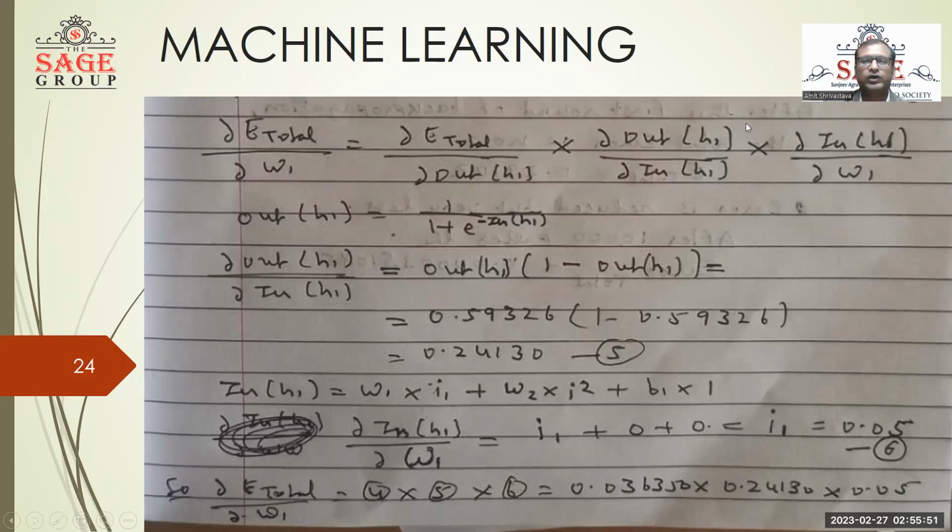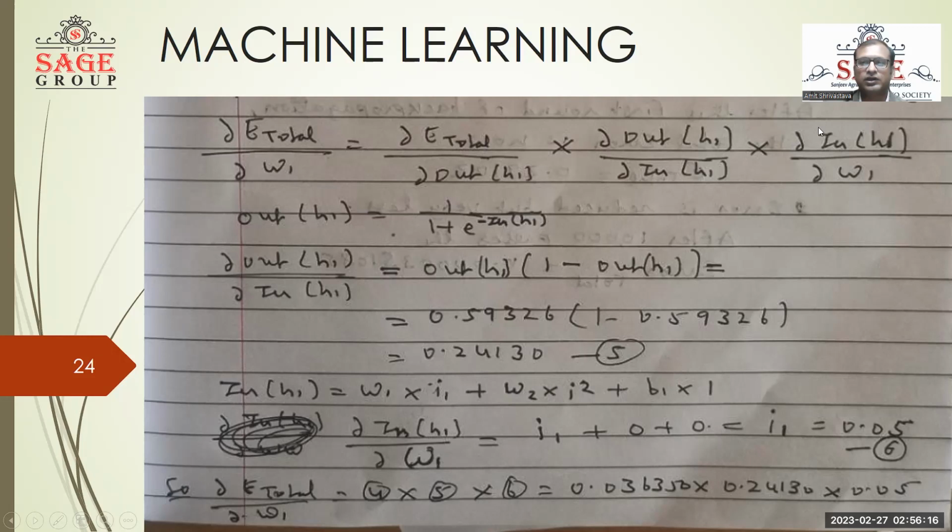So when I do ∂out_H1/∂in_H1, we have already seen the relationship in our previous lecture, that we can write this as out_H1 into (1 minus out_H1). So just putting in the values, we can calculate this value. It is coming to be 0.24130.